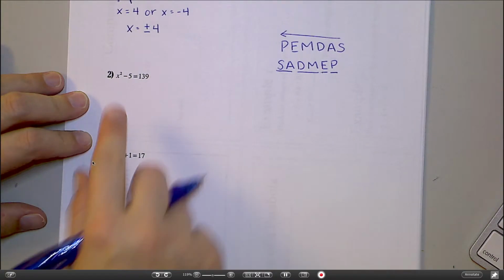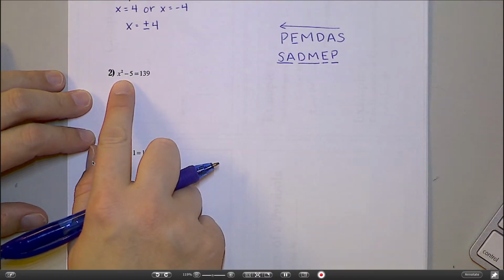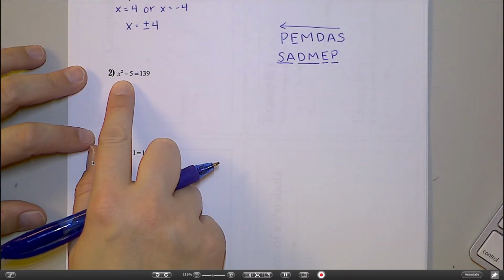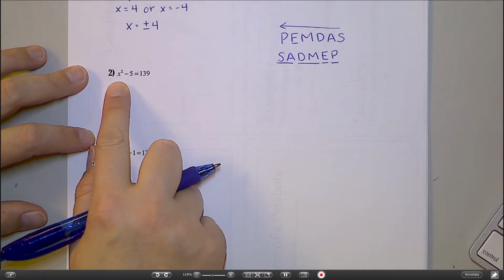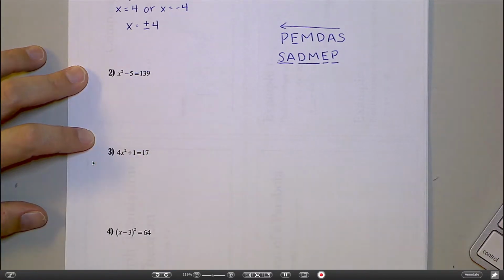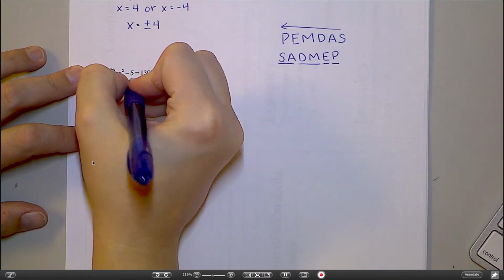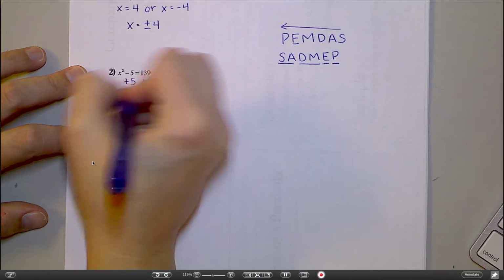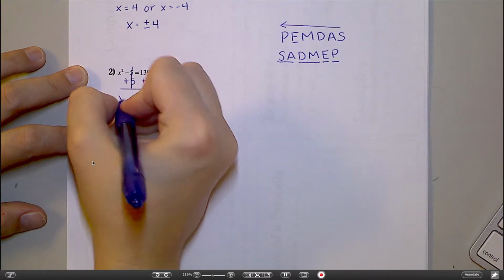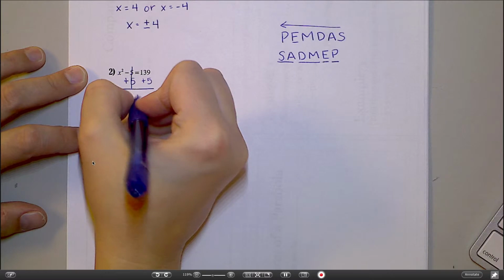So when you get a problem like this, like number 2, your first instinct is, oh, there's an x squared, I need to do a square root. But what do you need to get rid of first? Plus 5. That's going to give you x squared equals 144.